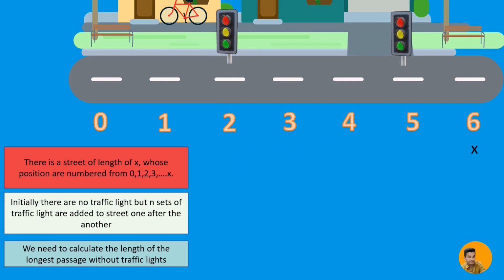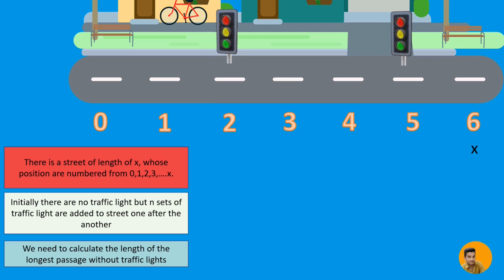Now let's add one more at position number 5. Again, this is going to break into two parts, and this was originally there. So now the longest passage is no more this, which was 4 earlier. It is no more now. So the length of the longest passage is this, which is 3.